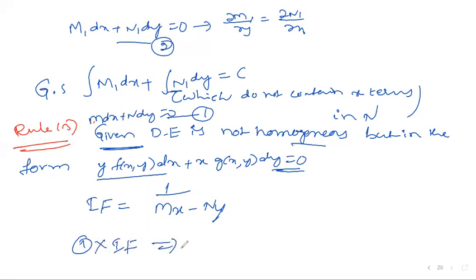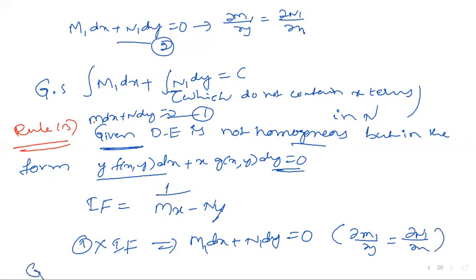Then we get M1 dx plus N1 dy equal to 0, which is the exact differential equation of first order first degree. Now del M1 by del y is equal to del N1 by del x.